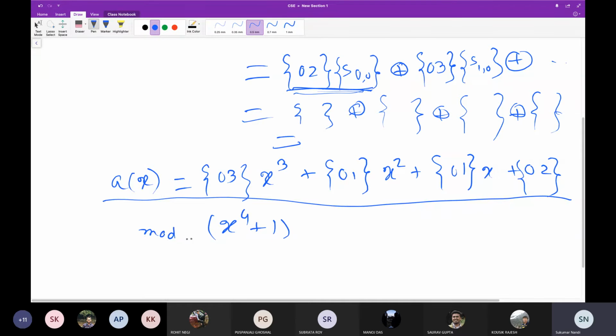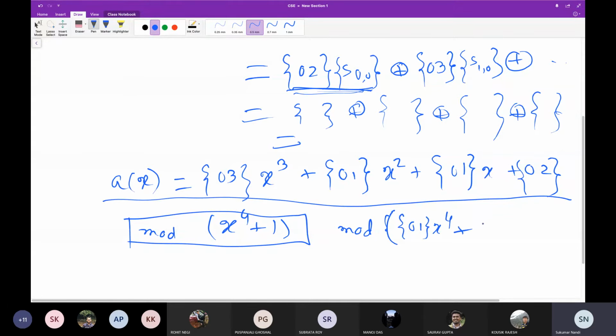So mod x to the power 4 plus 1, with coefficients in GF(2^n) algebra. So 1 here is 01, and we can write mod 01 x to the power 4 plus 01.